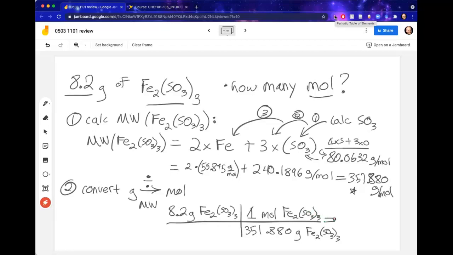So let's get a value. Should be fairly small. And we would only be able to keep 2 sig figs in the end of this process based on the information given. I get 2.3 times 10 to the minus 2 moles.